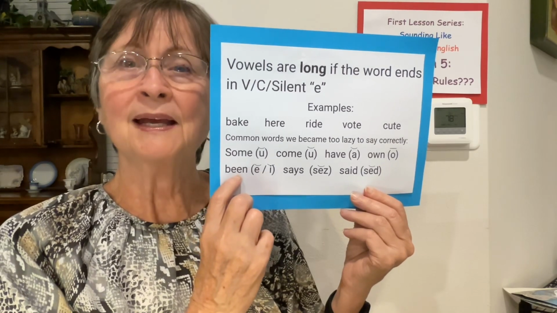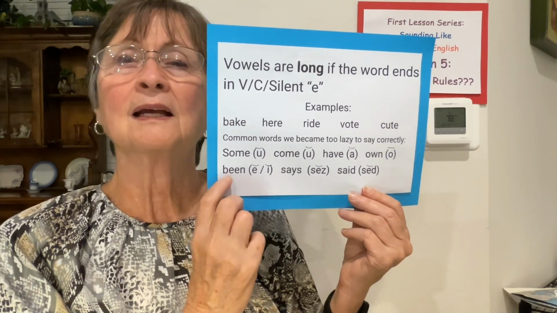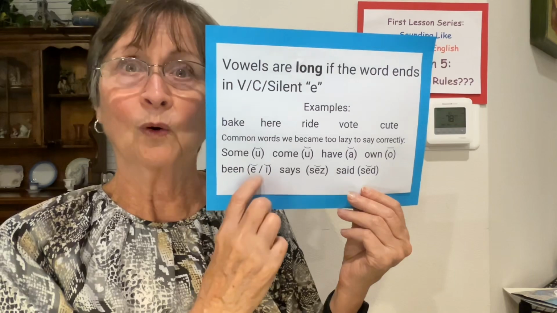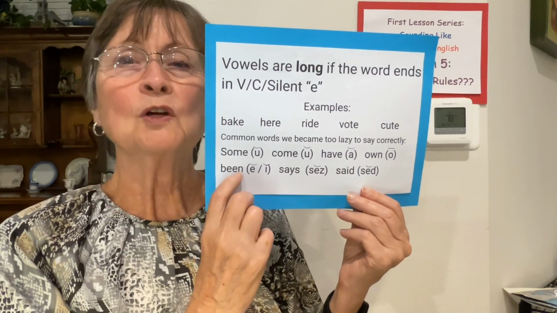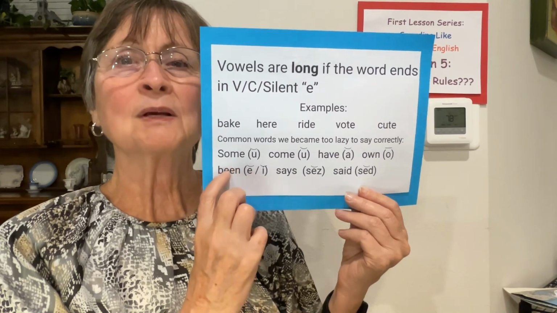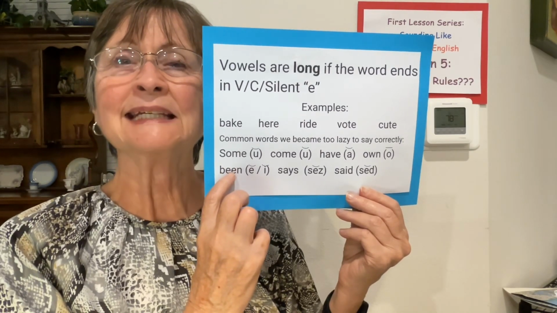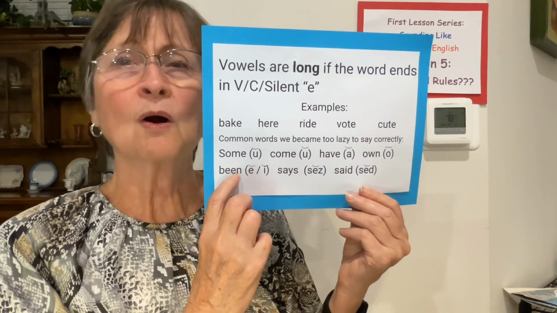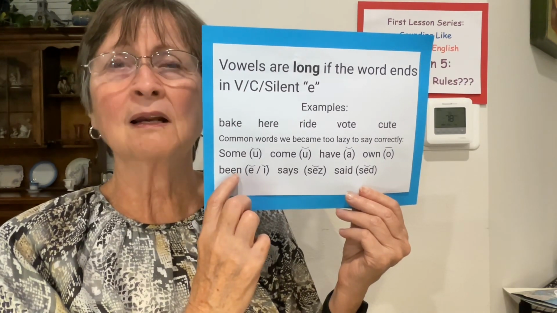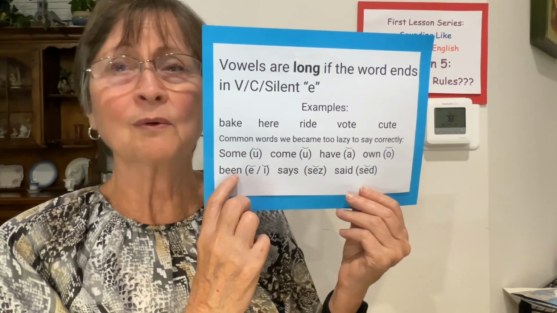He has been working, or he has been working. It's easier than "bean." And usually in words, we let that be the long E. Two E's say E. But in this word, that's so common, we just got lazy and said "been." It's always going to be "been."